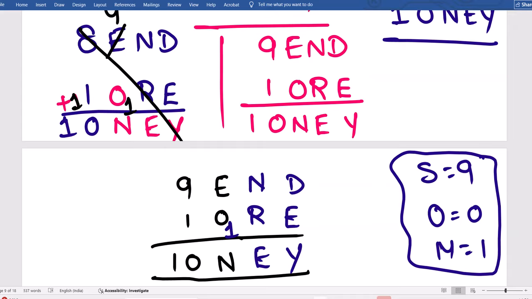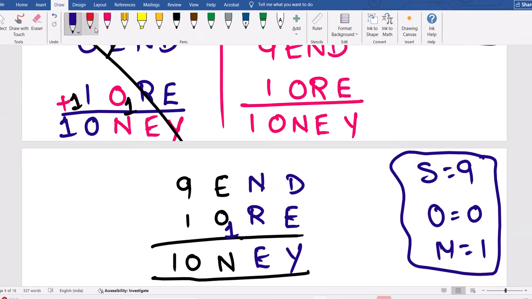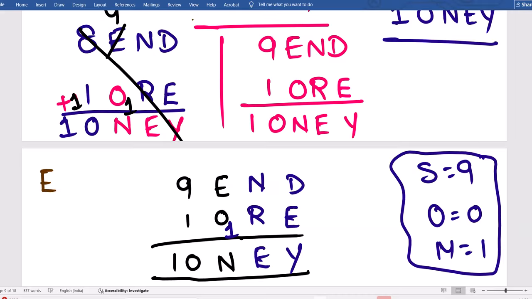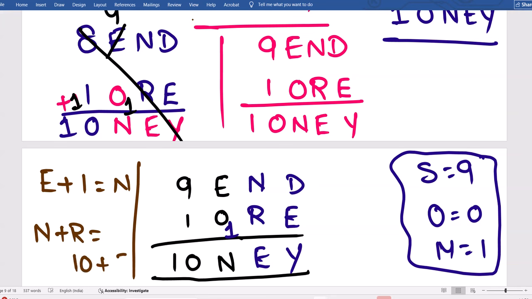Do trial and error. E plus 1 should be N, and 9 plus N plus R should be 1E, that is 10 plus E. See, I have the equation here clearly. E plus 1 should be equal to N. N plus R should be equal to 1E, which means 10 plus E. The 1 is in the tens place; I wrote it as 10 plus E for easy understanding.